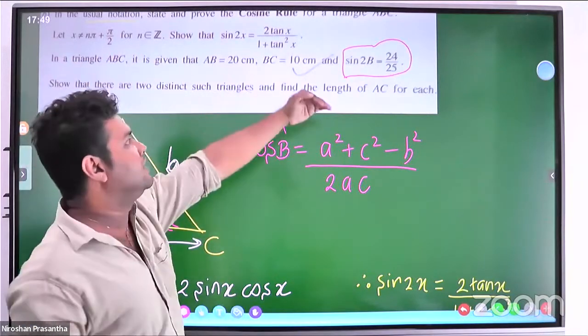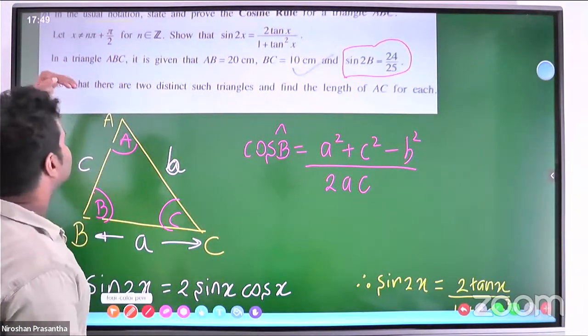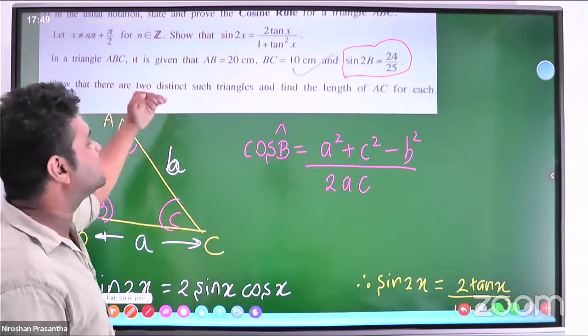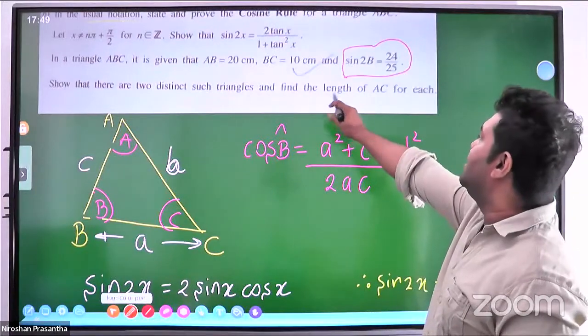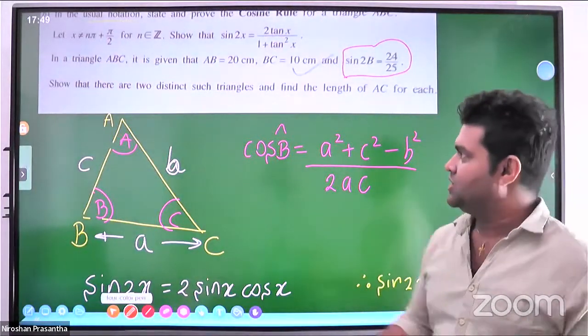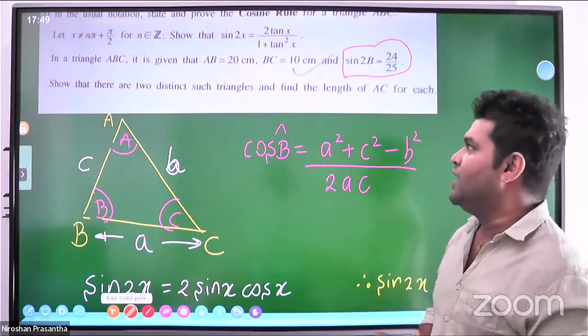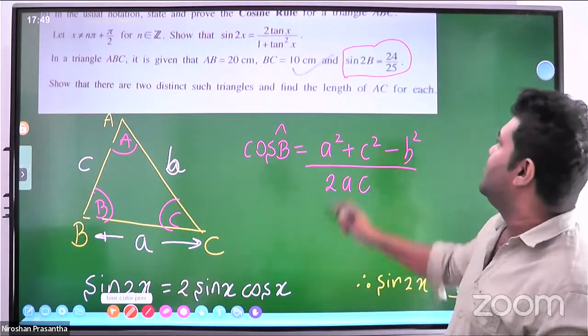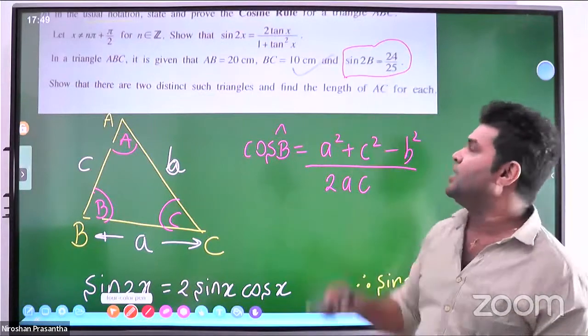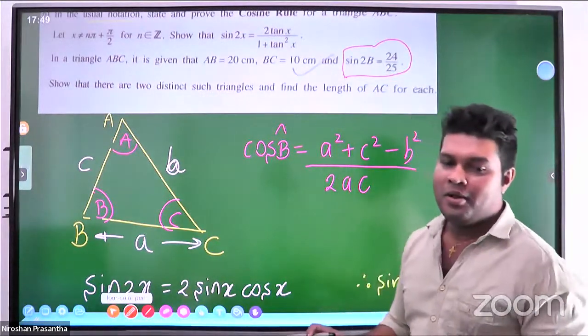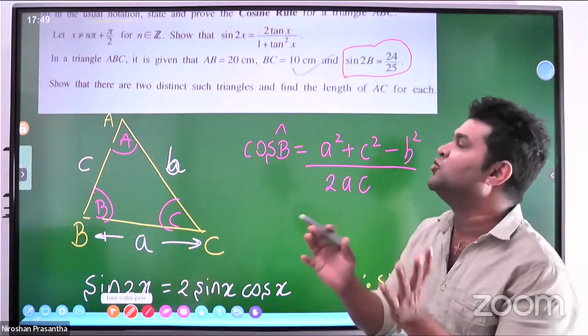Everything is given, and the question is to show that there are 2 distinct such triangles, and find the length of AC for each. Because sine 2B is given, we must have 2 B values if there are 2 such triangles.